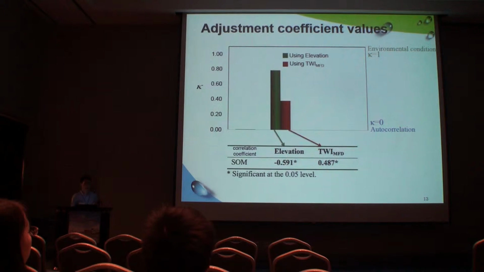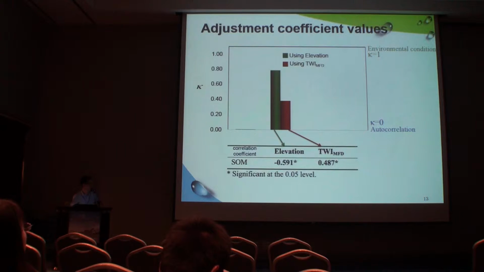We first calculated the best value of the adjustment coefficient, and this map shows the results. We can see from this map that when we use elevation as the environmental variable, the k value is higher than when using TWI, the topographic wetness index.